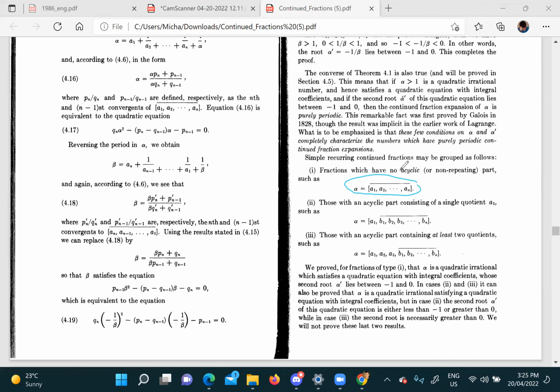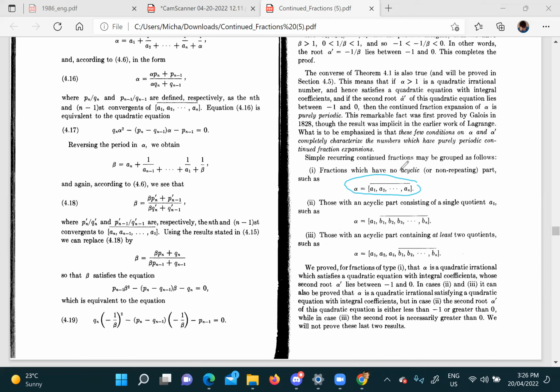And the reversed fraction: after you take the continued fraction expansion, you reverse the a's, so you put an first and then you put a1 last. That's like the beta. And then you take -1 over beta, and -1 over beta is the other root of that quadratic.